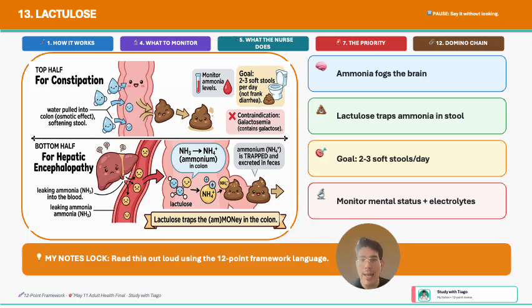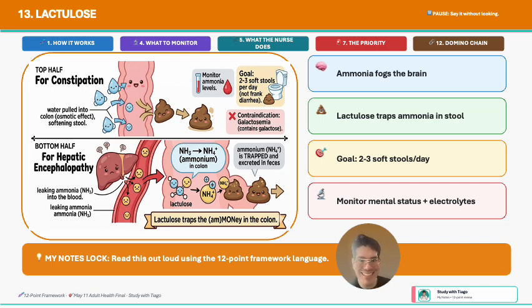So, I monitor mental status, stool frequency, hydration, potassium, and other electrolytes, abdominal cramping, and whether the patient is actually taking the medication. Patients may dislike lactulose because it causes gas, cramping, and diarrhea. So the why matters.